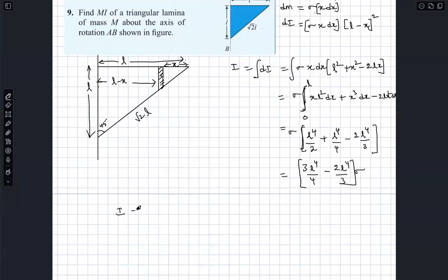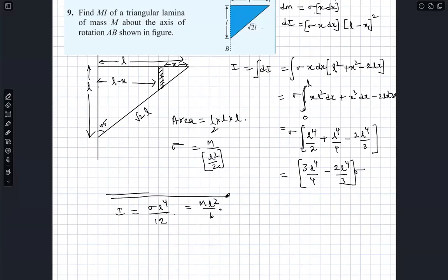So the moment of inertia about this axis is 9 minus 8, sigma L power 4 by 12. What is the area? Half into base into height. So what is the sigma, mass per unit area? Therefore, if you write everything properly, you will get ML square by 6.